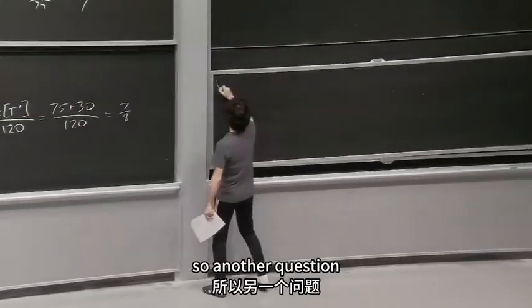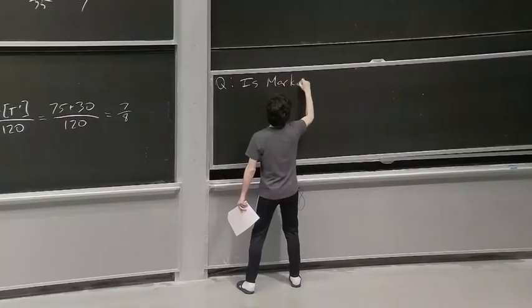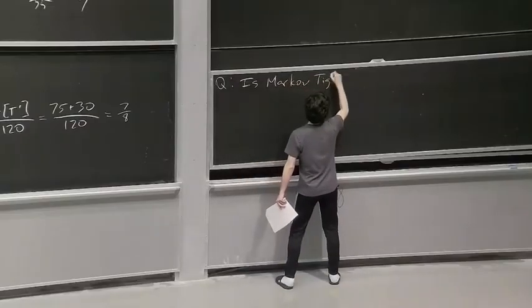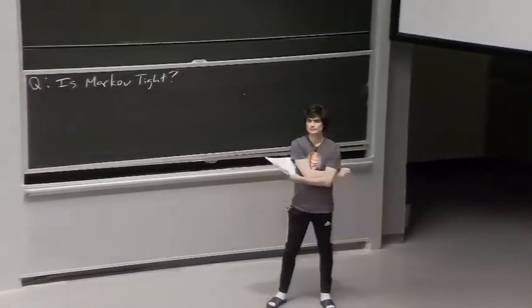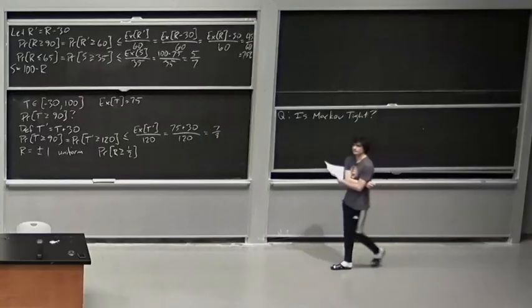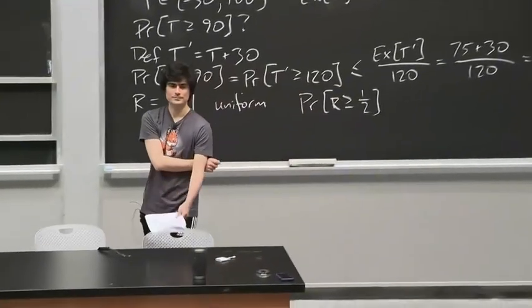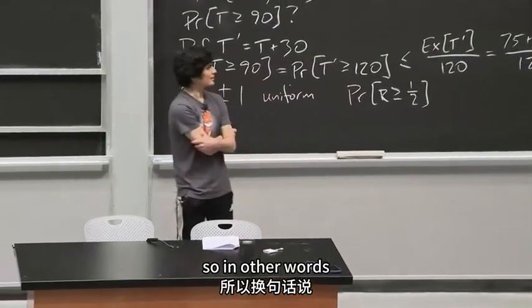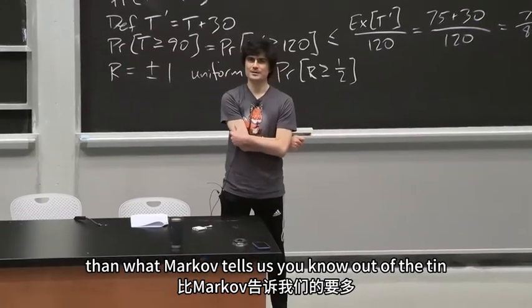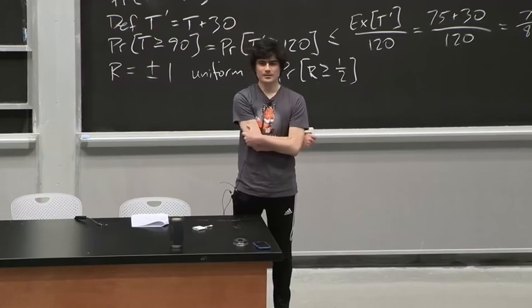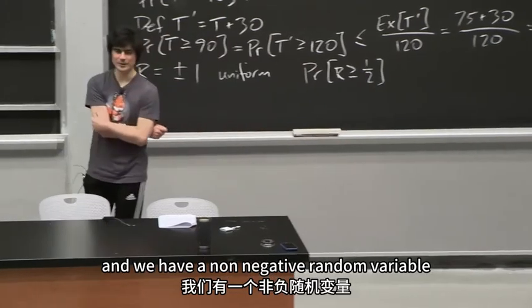So another question: is Markov tight? In other words, can we make a stronger statement than what Markov tells us out of the tin, just with the information that we have the mean and we have a non-negative random variable?